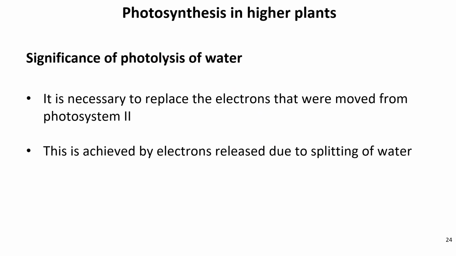Now what is the significance of photolysis of water? Why is photolysis of water important? First, it is necessary to replace the electrons that were moved from photosystem 2. When photosystem 2 absorbs the sunlight, it gets excited and electrons are released, so a gap is created here.